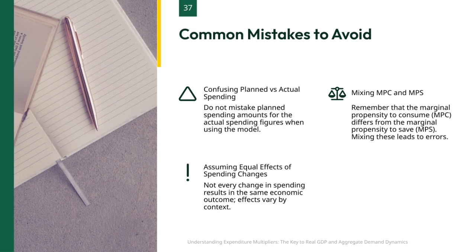Related, but distinct concepts, and confusing them can throw off your calculations. Lastly, remember that not every change in spending has the same economic effect. The impact can vary widely depending on the context, so assuming all spending changes have equal effects is a mistake. Keeping these pitfalls in mind will help ensure your analysis stays accurate and insightful.